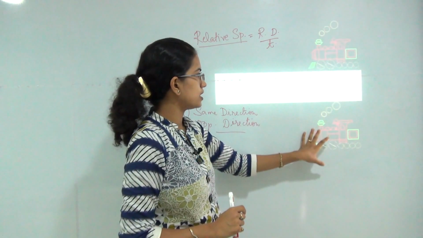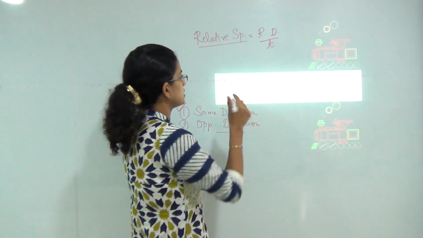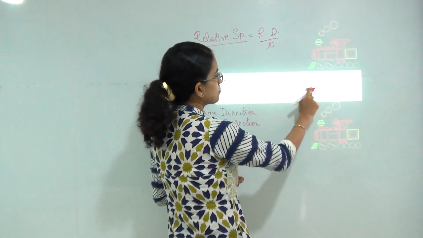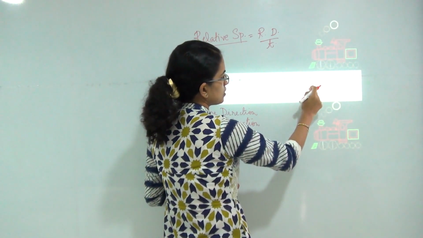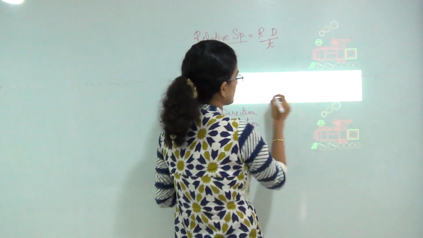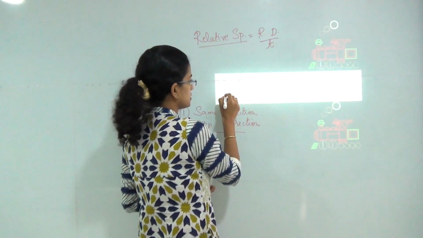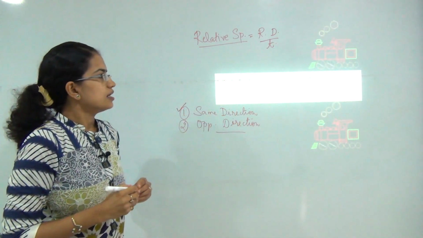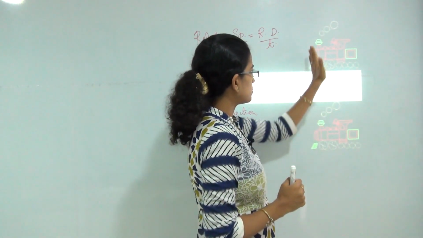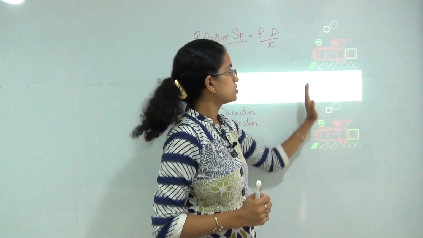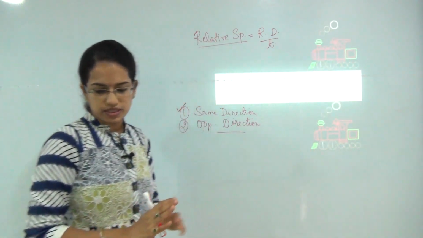In the first case, let's assume this at an interval of 10. So you have 10, 20, 30, 40, 50. So you have 0, 50, 100 and 150 as the marks on the scale. Now try to understand, when they are moving in the same direction, they are originating at the same position. So there is no relative distance between the trains.